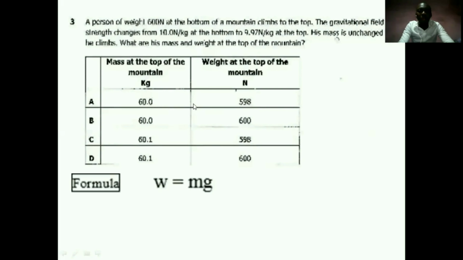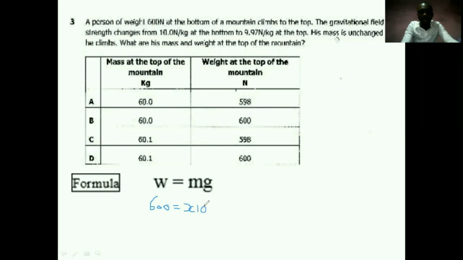When we are calculating weight, we use the formula mass times acceleration due to gravity, which is the g there. We're not given the mass, but we can calculate it from the information that we are given. The weight is 600 Newton, which is equal to X, the mass, times 10, since at the bottom the acceleration due to gravity was 10.